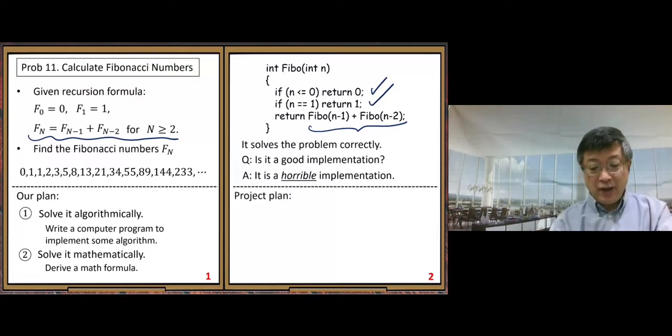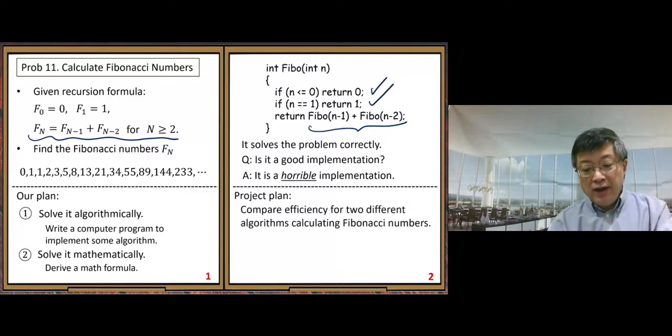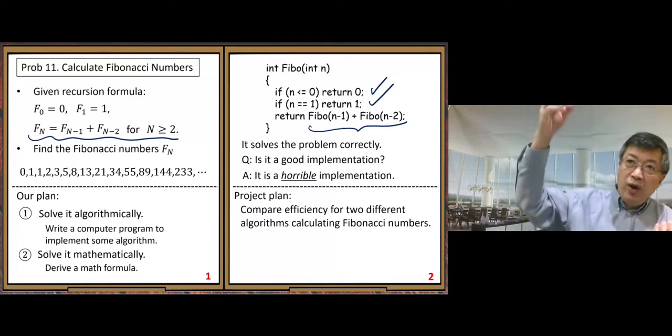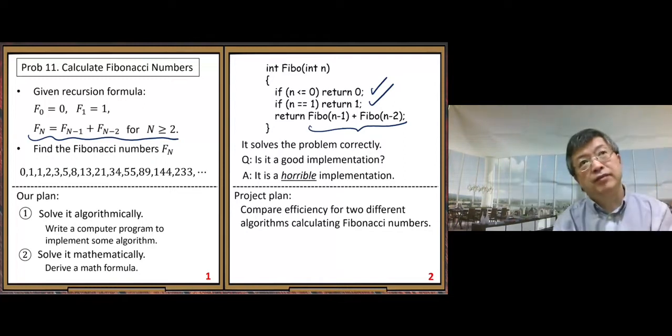Because this problem is a pretty good project, we can work on it. The project plan: compare the efficiency of two different algorithms for calculating Fibonacci numbers. A bad one, a very slow one, and a good one, a very fast one.